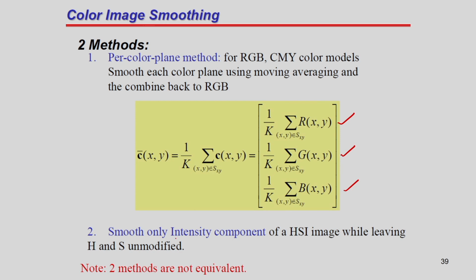In the second case, I am only considering the intensity component for smoothing, that is the averaging, without considering the hue component and the saturation component.